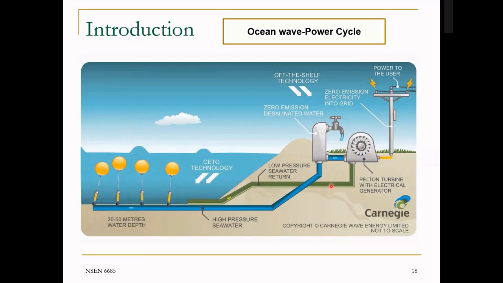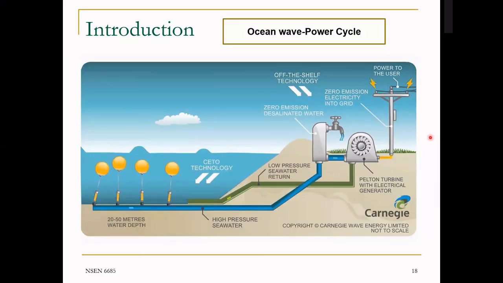Then you can push the liquid back into the ocean, and the cycle continues. Again, the major component is the turbine. In this case, we are using the pressure energy, or the wave energy stored inside the ocean depth, to convert it into electricity. Again, that's another example of a power cycle.